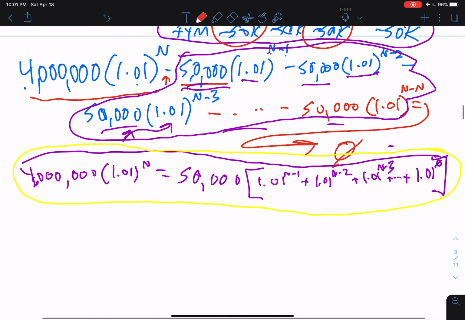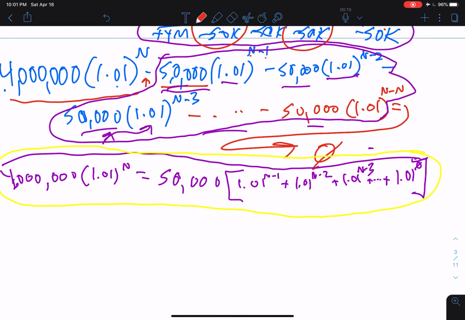And in an earlier video, I had discussed in great detail the future value interest factor for an annuity. And what I observe right now is that the value in the square brackets is really the sum for i equals 1 to n of (1 plus r) to the power i minus 1.